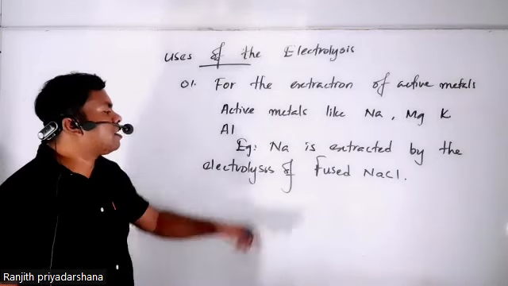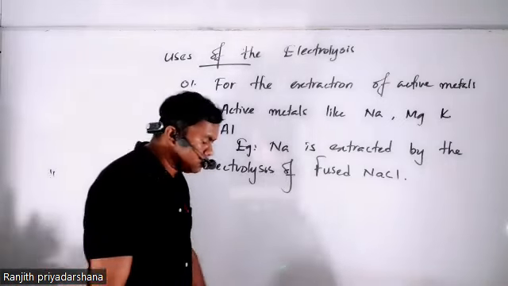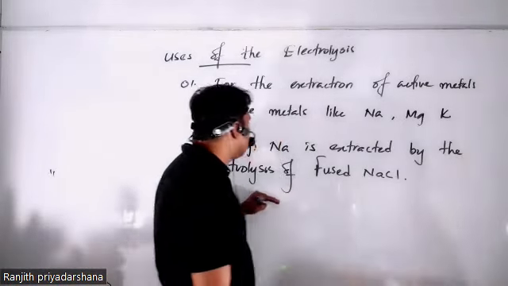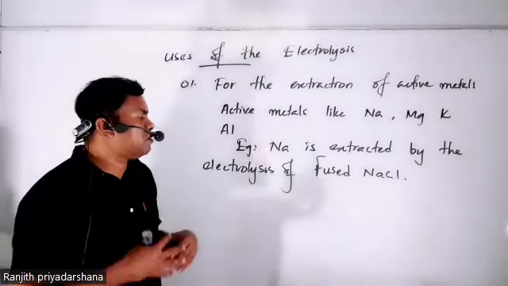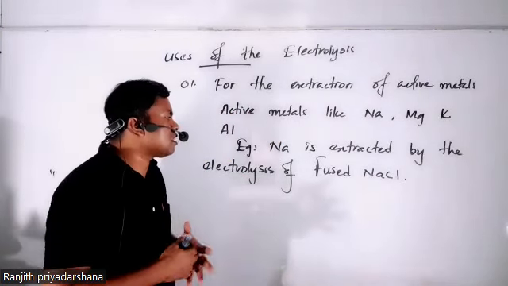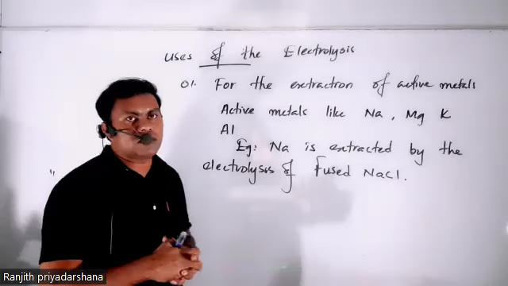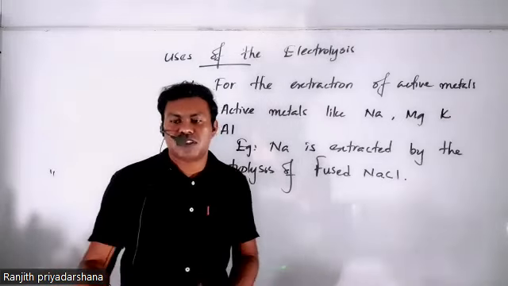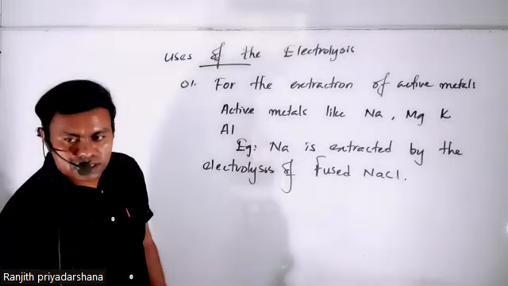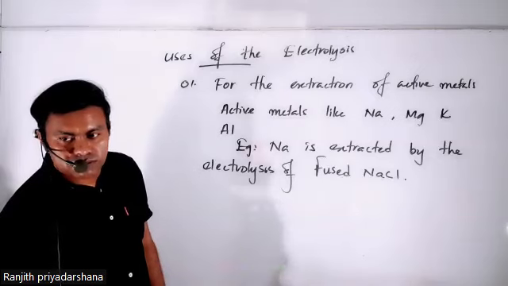Actually, this is done by using sodium chloride fused with calcium chloride, and it happens in a Downs cell.